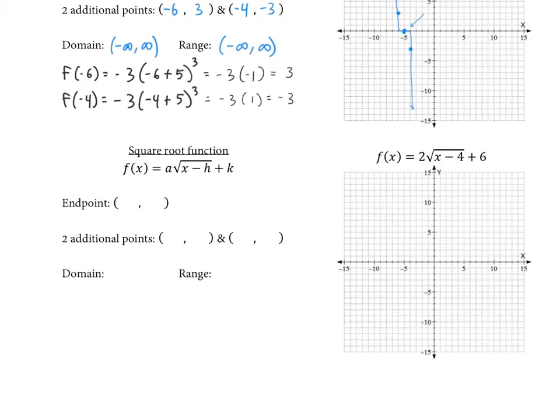Okay, next one, h is 4, k is 6. The endpoint is h, k, so 4 comma 6. Okay, 2 additional points. This one's kind of different. We'll plug in h plus 1 and h plus 4.